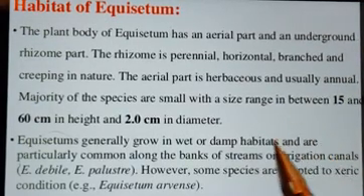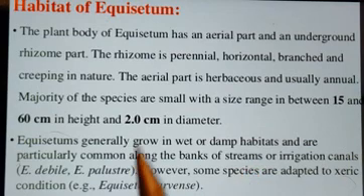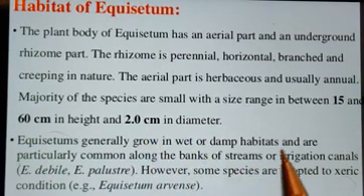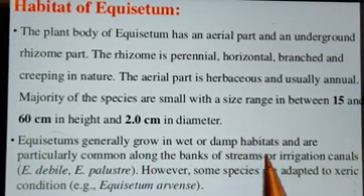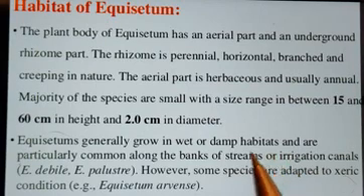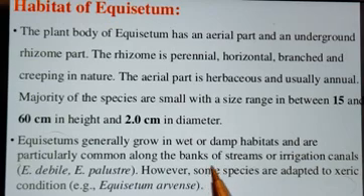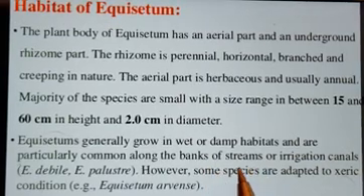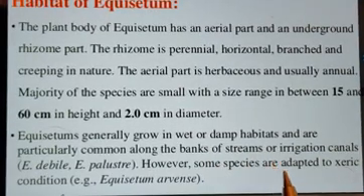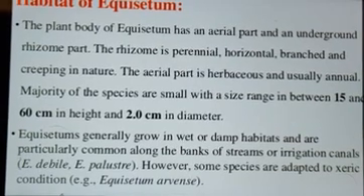2.0 centimeter in diameter. Then Equisetum generally grows in wet or damp habitats, meaning moisture is required for the growth of Equisetum, and it is particularly common along the banks of streams, near streams or irrigation canals.